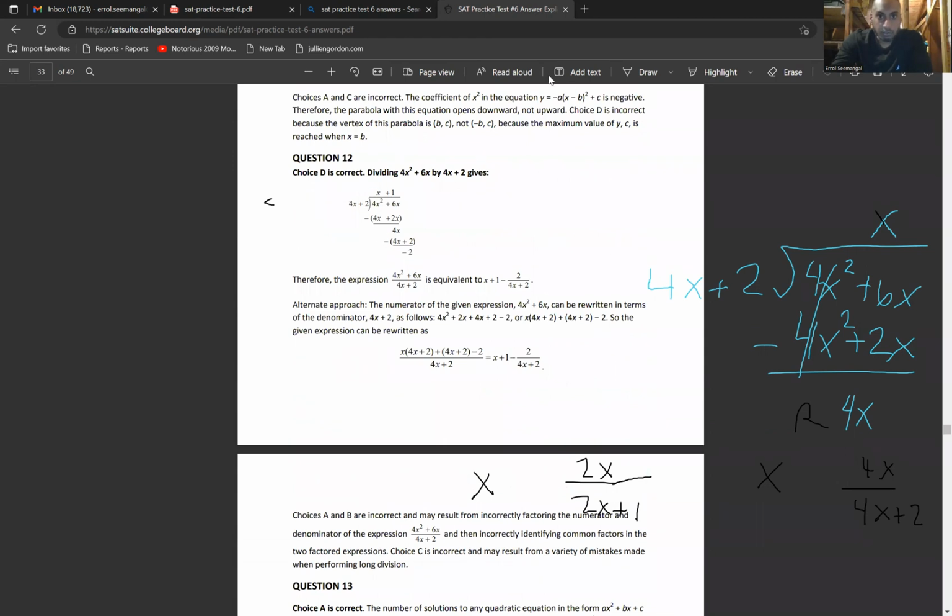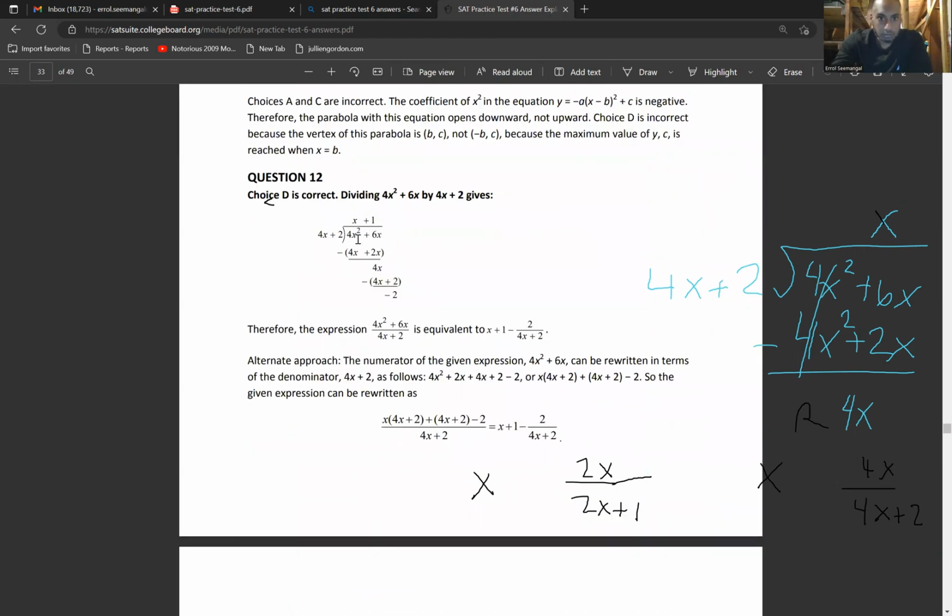So what did we do wrong there? Oh, my bad. I was telling you to write the x on top of the 6x, but we're supposed to write it on top of the 4x squared. So if we do that, we got the 4x. Okay, we just need to keep going.